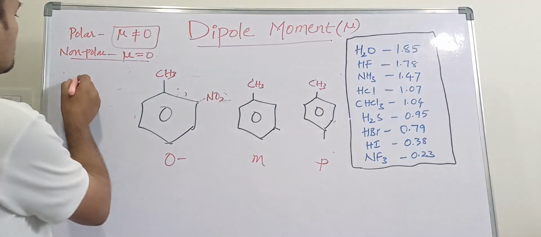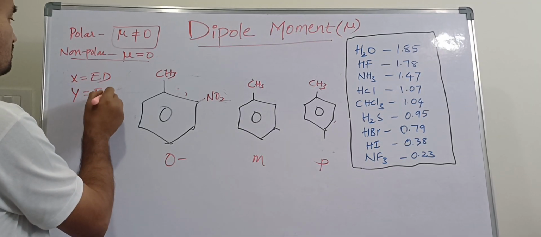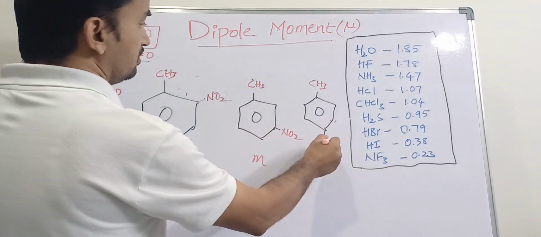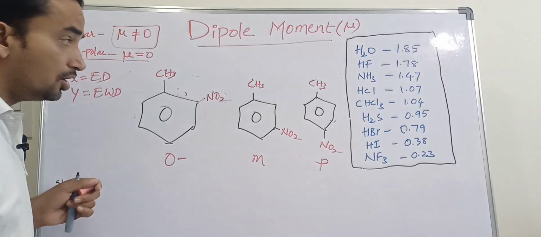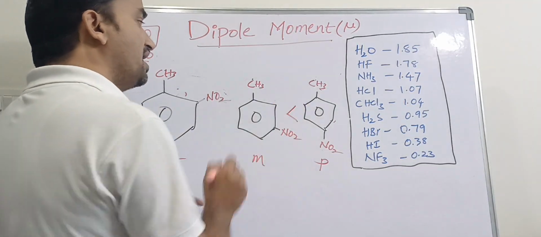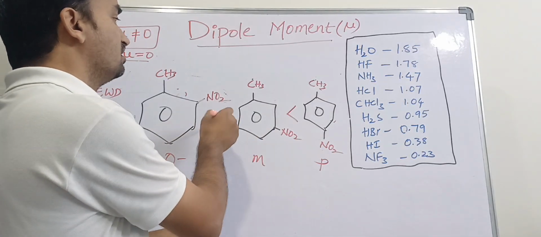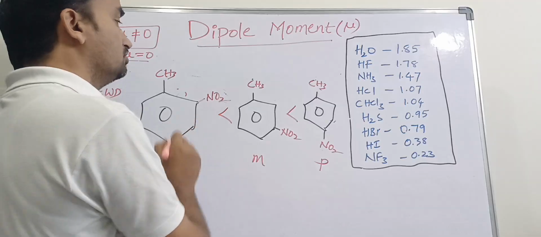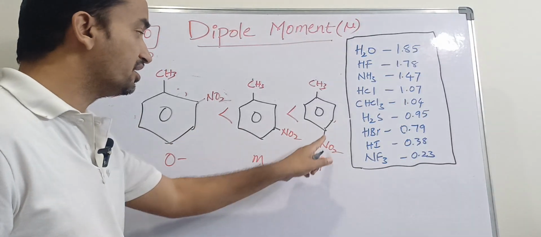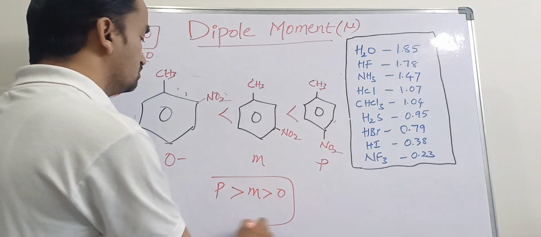Suppose X is electron donating and Y is electron withdrawing, here NO2. Now here the order is para is greater than meta, which is greater than ortho. So the order will be para followed by meta, and last comes ortho.